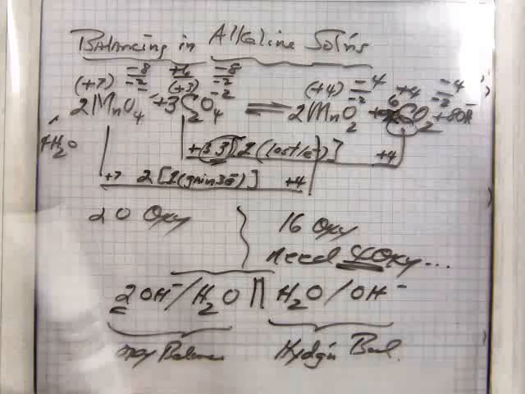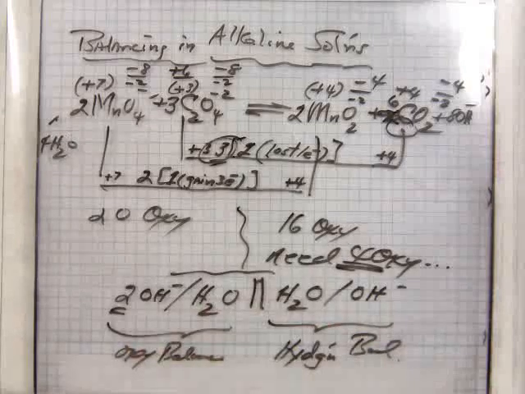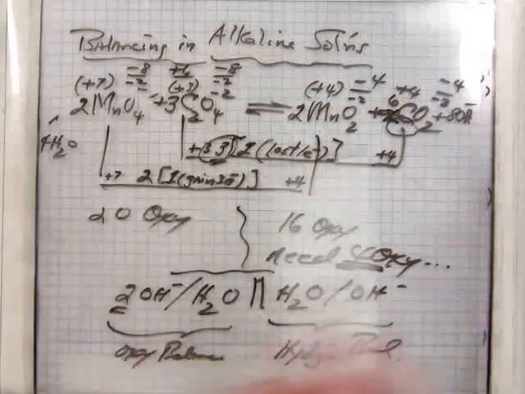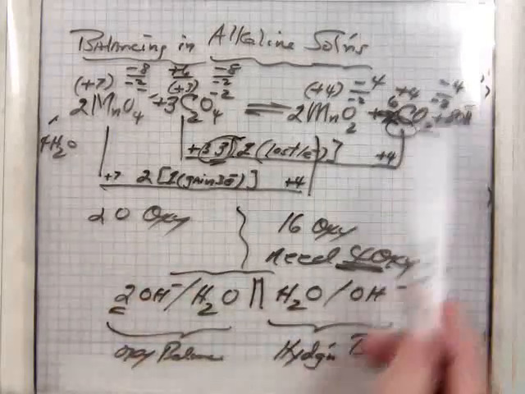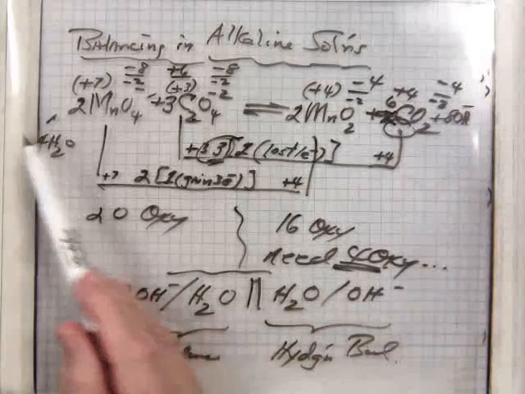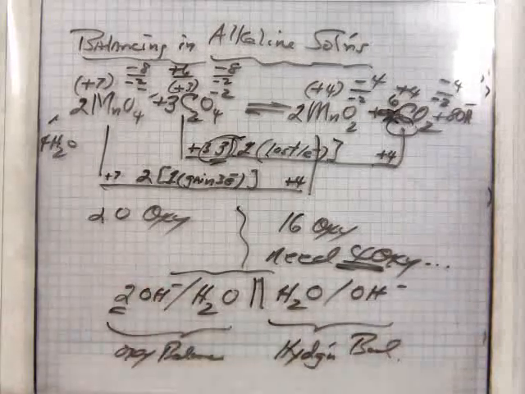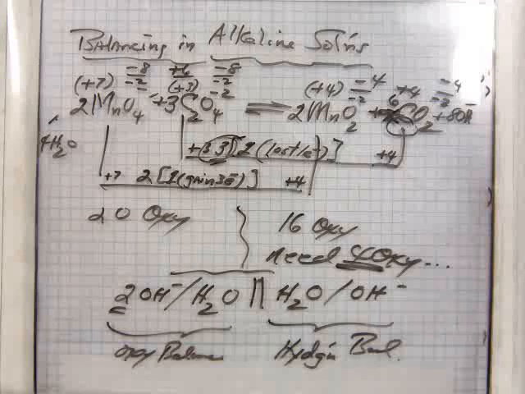equation. Once you get the coefficients set and everything balanced, look on the left and look on the right. If you have OHs and H's over here and H2Os and OHs there, they'll cancel each other out. That's what they're talking about, simplifying. Because you may have OHs on both sides or waters on both sides in the process of balancing.